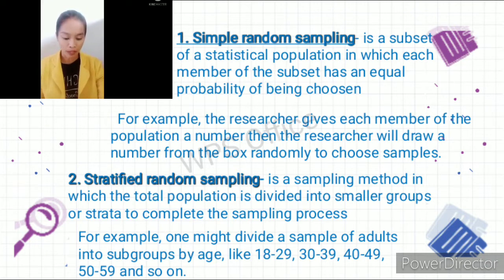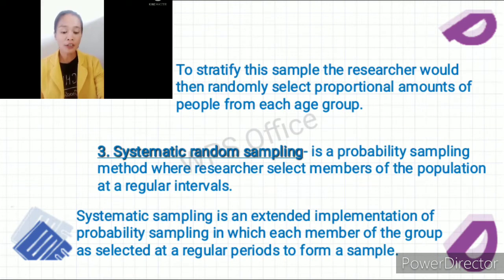For example, one might divide a sample of adults into subgroups by age, like 18 to 29, 30 to 39, 40 to 49, 50 to 59, and so on. To stratify this sample, the researcher will then randomly select a proportional amount of people from each age group.